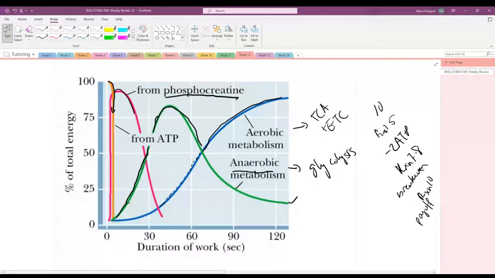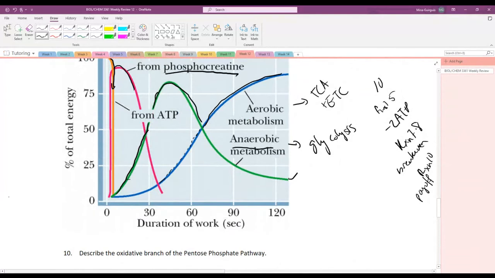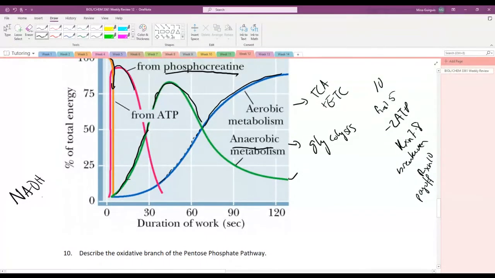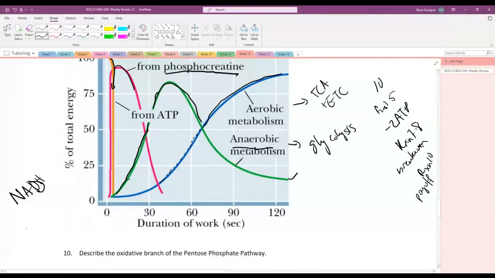So what I personally believe is the boring part is now over. Now the pentose phosphate pathway. Before we start the PPP, I'm going to explain that we've been talking about NADH this entire chapter, this entire class. I'm going to introduce NADPH in this unit.